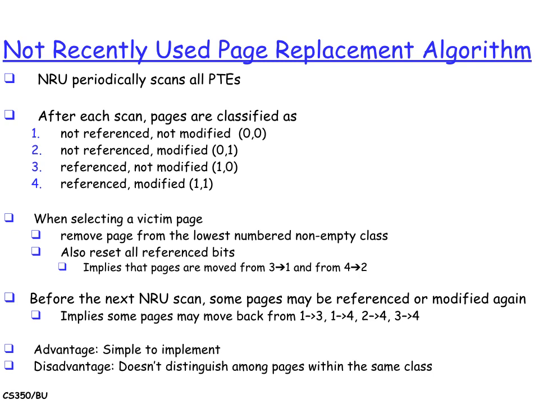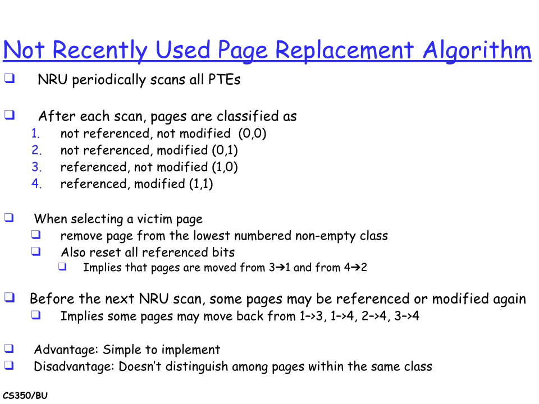So by resetting the reference bit, we are moving those pages up the class hierarchy. Sorry, the pages are moved down the class hierarchy. So if a page belonged to class 3, then by resetting the reference bit, it would move to class 1. And if it earlier belonged to class 4, then it would move to class 2.